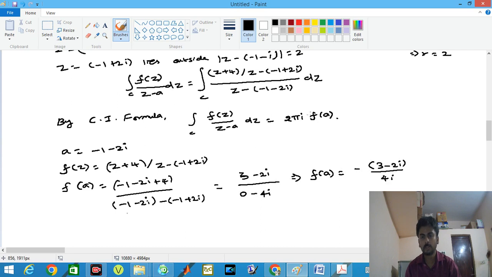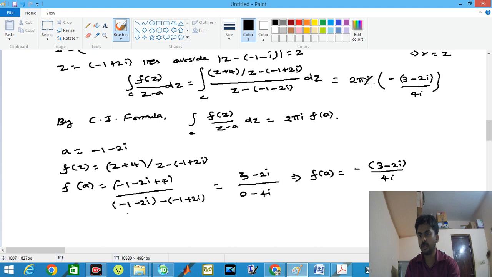So by Cauchy's integral formula, our answer will be, I shall write the answer here, but you can copy the answer separately. That is equal to 2 pi i into minus of 3 minus 2i divided by 4i.